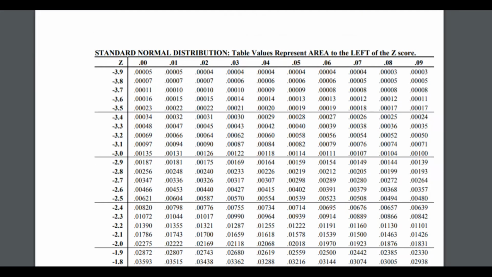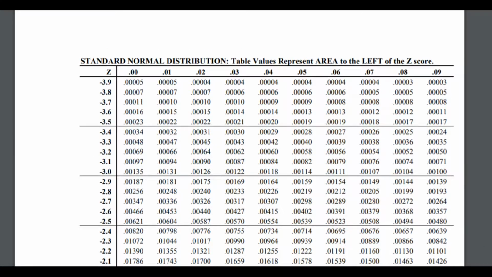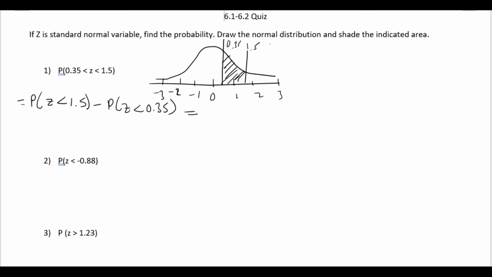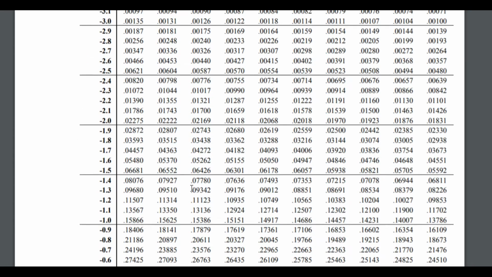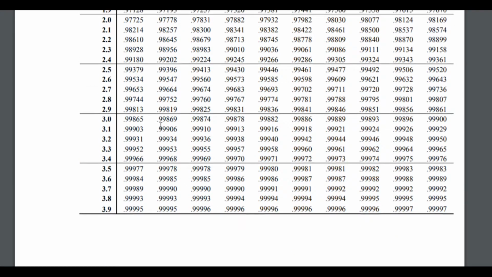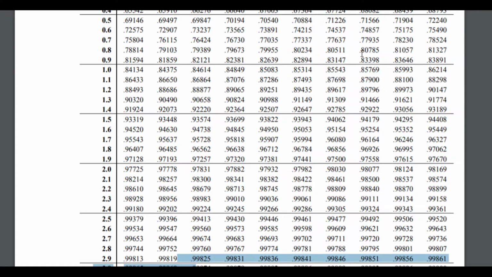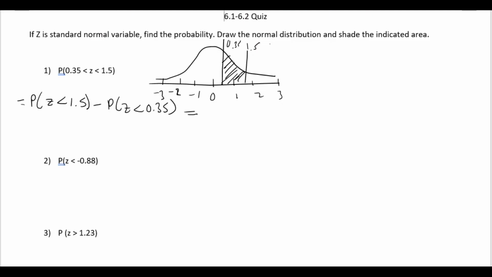Okay, so I'm going to pull that up now. So there are some values for the z. So we are looking for less than 1.5. So for 1.5, that's the same thing as 1.50. That's 0.93319. And we'll round it to 4 decimals. For some reason, it gave us 4 or 5 decimals.